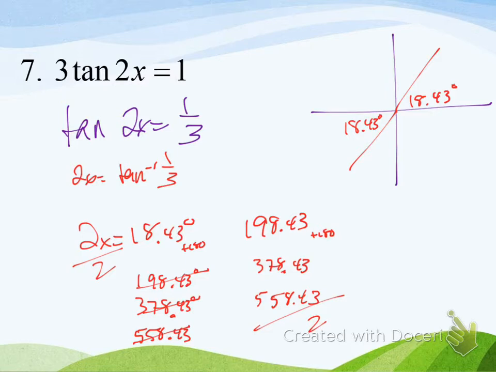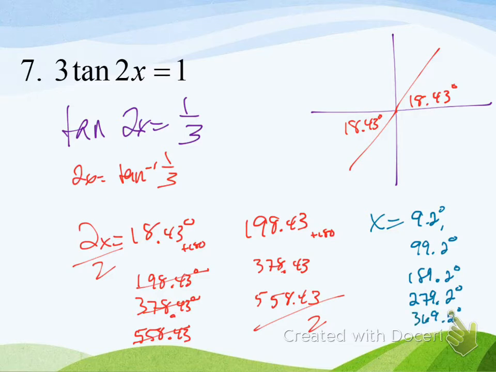So x is 9.2 degrees, 99.2 degrees, 189.2 degrees, 279.2 degrees, and 369.2 degrees. Okay, and we're done.